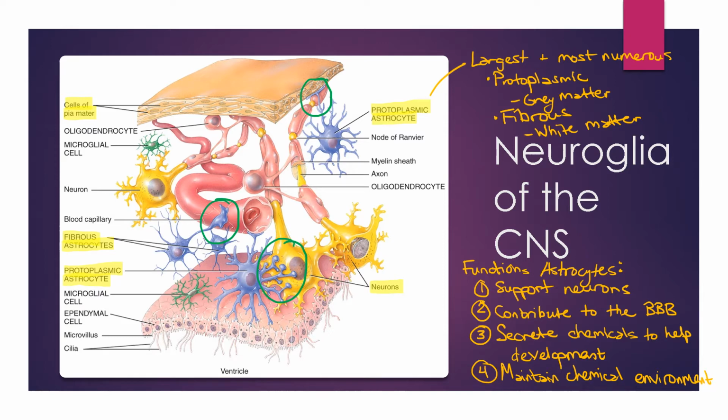Our fifth function of astrocytes is that they play a role in learning and memory. They do this by influencing the formation of neural synapses. So they actually help new synapses to form between neurons.